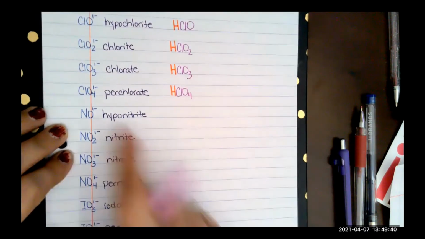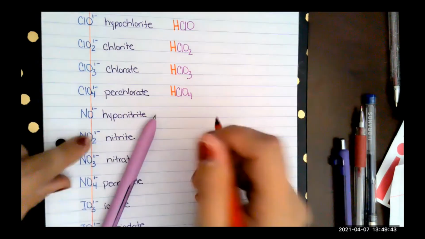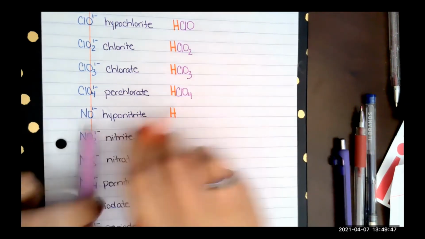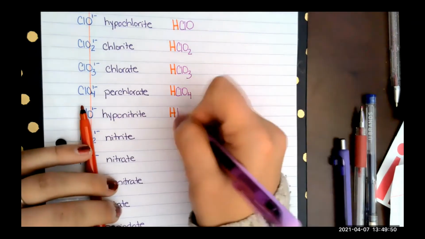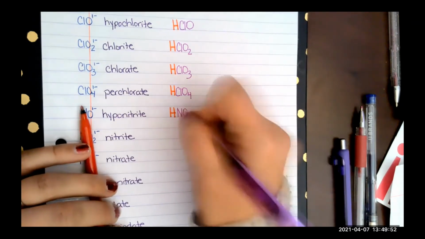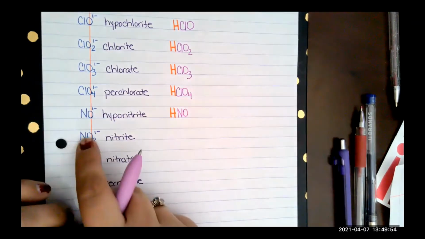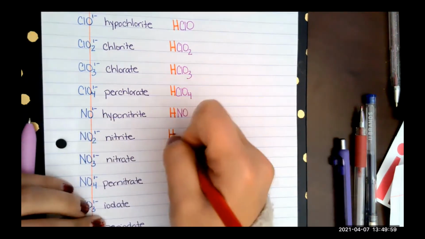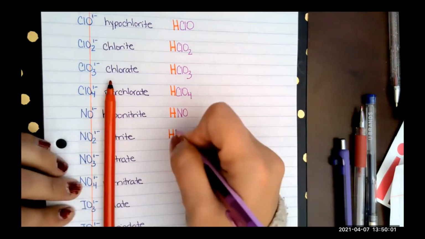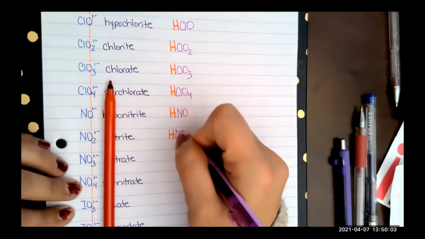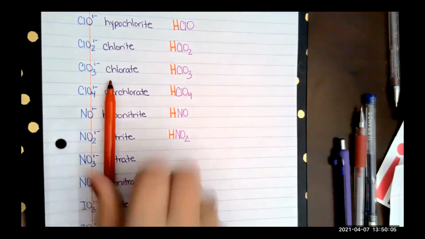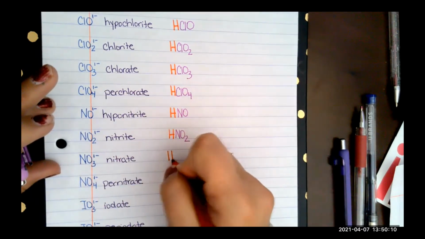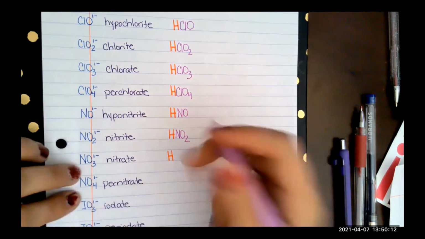So now we have hyponitrite. The charge is 1, so it's H, and then you write NO. For nitrite, it's NO2, the charge is 1 minus, so it's H, NO2. For nitrate, the charge is 1 minus, so it's H, NO3.